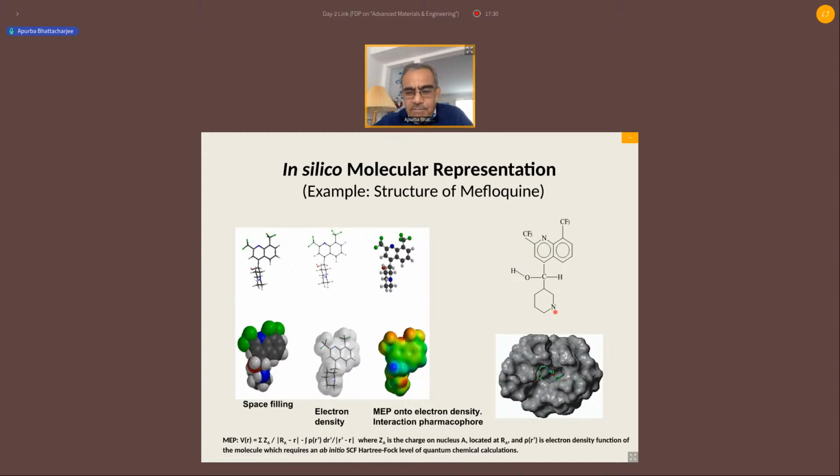But out of these two, this nitrogen is sterically hindered by these two big CF3, the trifluorocarbon groups here. So although accessible, it is more sterically hindered.